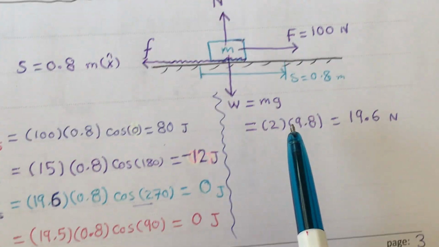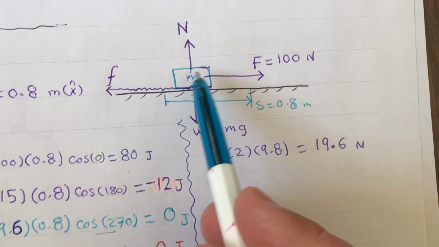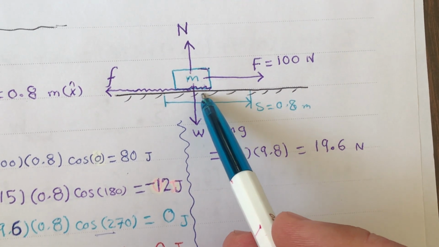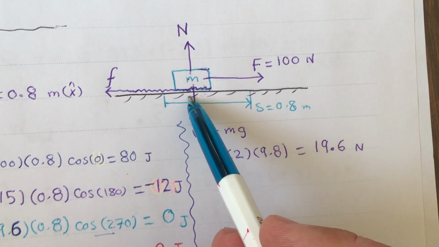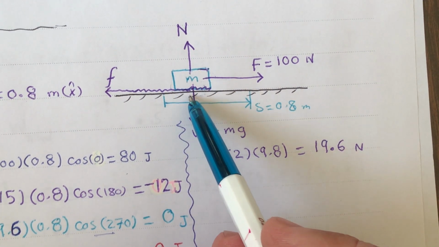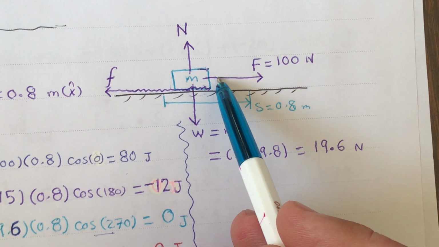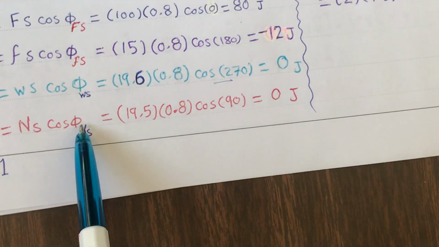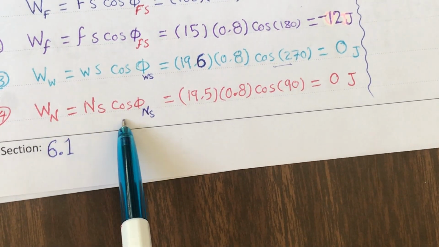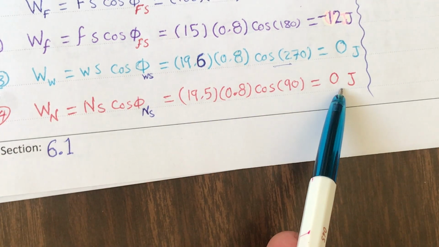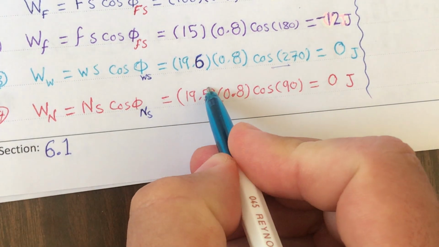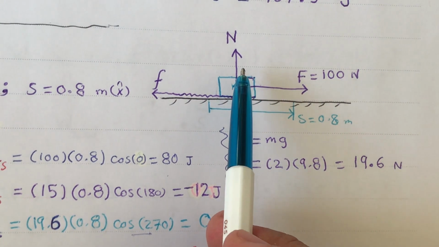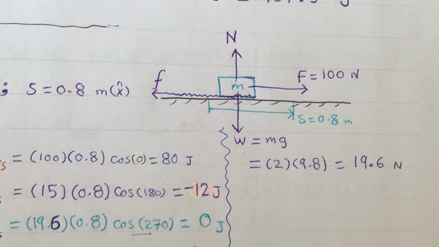So the work due to the weight for this displacement is equal to 0, because the angle is not 90 degrees, it is this angle, which is 270. The angle between the normal force and the displacement is 90 degrees. Then the work, because of the normal force, is also equal to 0. The normal force is equal to the weight in the opposite direction, but the angle is 90. Cosine 90 is equal to 0.